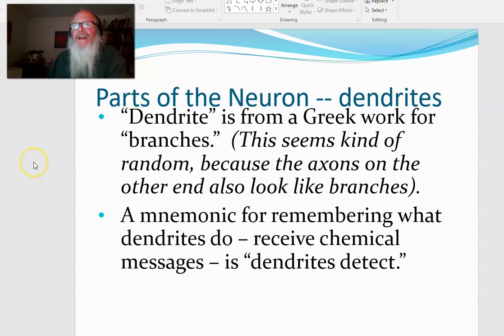One of the things that is kind of obnoxious about the vocabulary that we have to work with when we're talking about this material, there's really two things. One is that the vocabulary is more jargony, more complex than I think it actually needs to be.